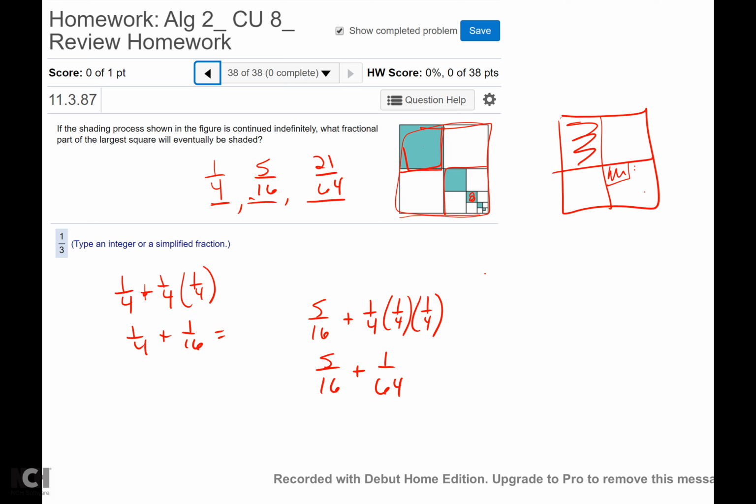So I'm doing a sum, which would be a sub 1 over 1 minus r of an infinite series. So my sum would be 1/4 over 1 minus, what's my common ratio? Well, if I do 5/16 divided by 1/4, I get 5/4. So this is going up, no it's not.